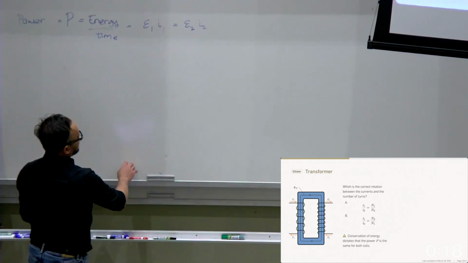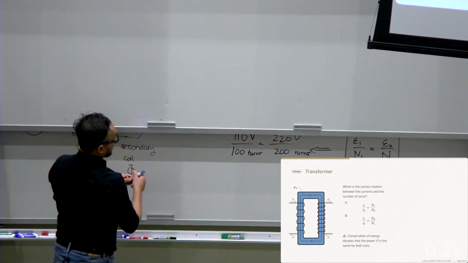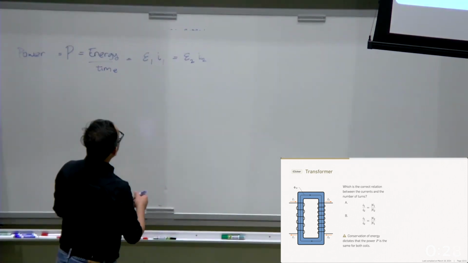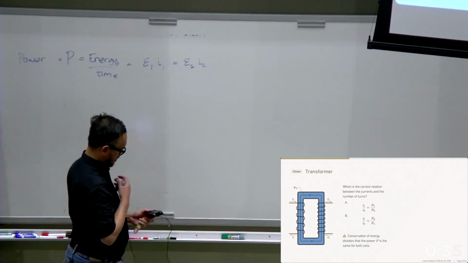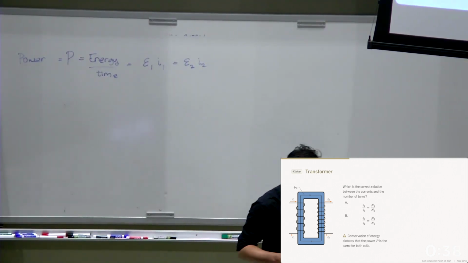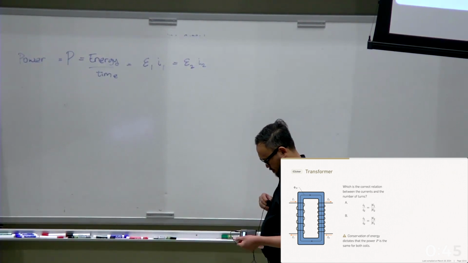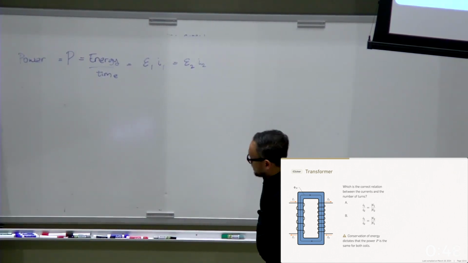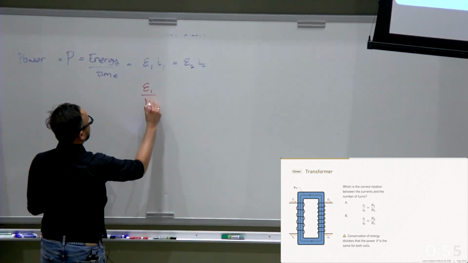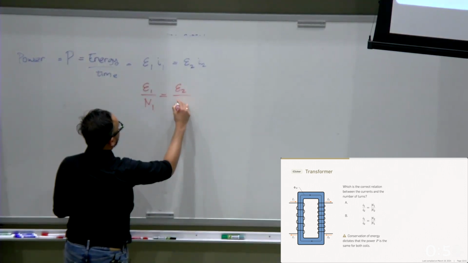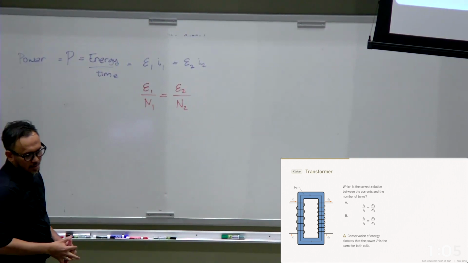Oh, and one thing is E1, like this. Previously, we derived EMF1 divided by N1 is equal to EMF2 divided by N2. 10 more seconds.